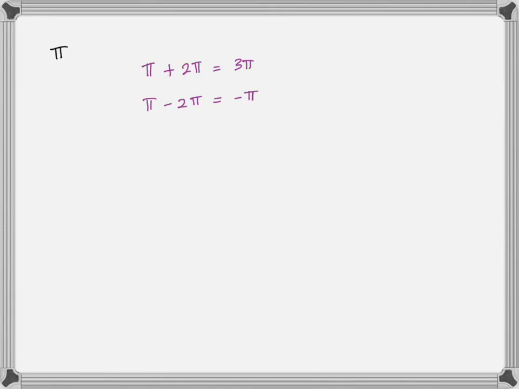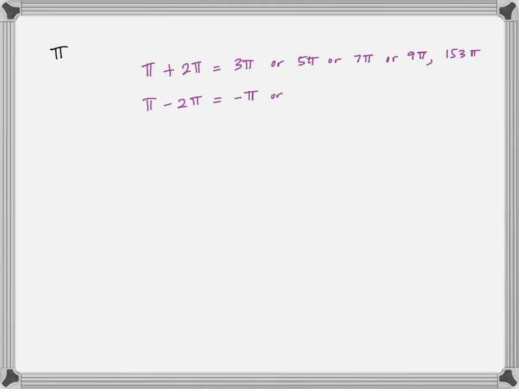I could keep adding 2 pi to the 3 pi. So if I add 2 pi, I'd get 5 pi, 7 pi, keep adding 2 pi, 9 pi. Kind of get the idea that any odd multiple of pi is going to be coterminal with pi, and that's true. You could think maybe 153 pi would be coterminal to pi, and it would be. And then negative pi, I could continue subtracting 2 pi.